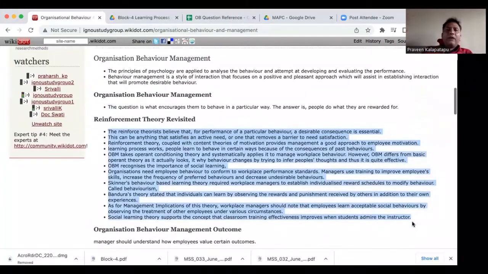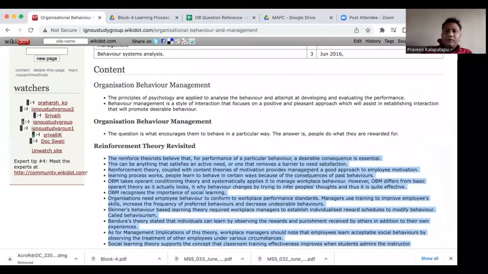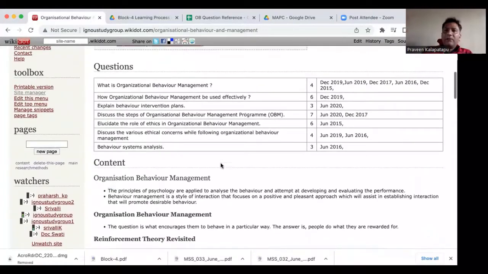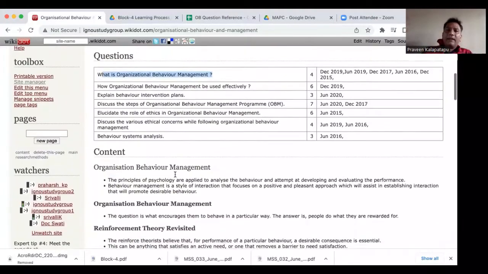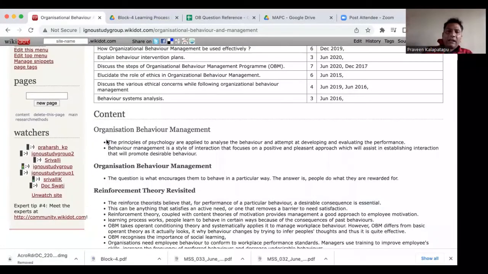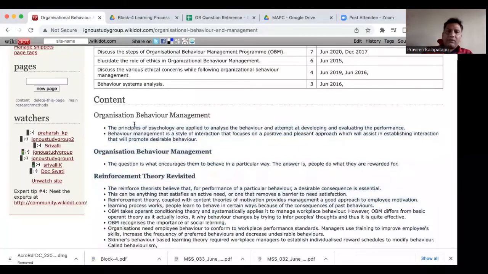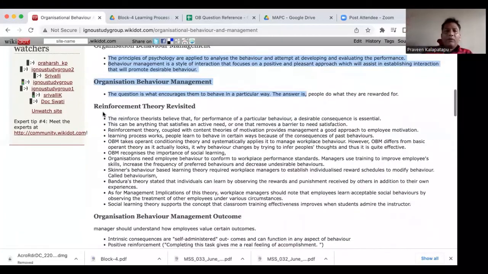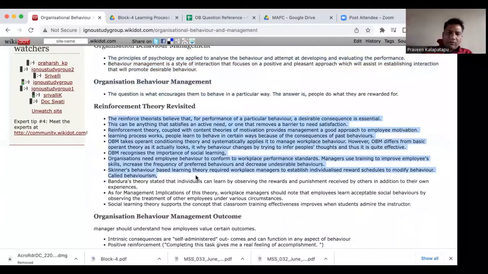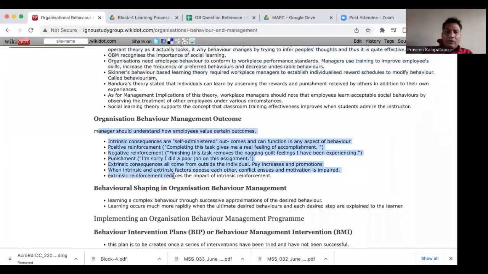Now, things that we need to remember. Yes, there could be a question around what is organizational behavior management, which could cover all these aspects: the principle, the overall concentration of OBM, the importance of reinforcement, and what could be the outcomes of it.